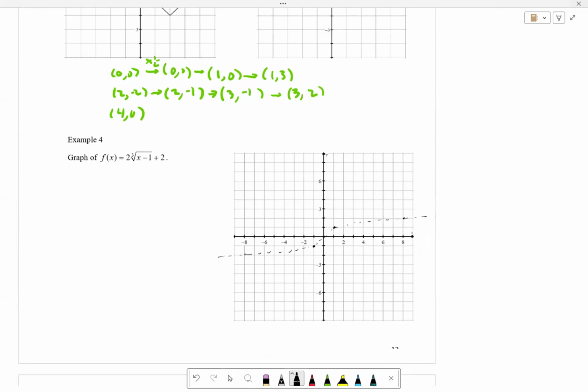Are we okay with this parent function here? If we haven't already, just take a moment to discuss what's going on with the parent function and what's going to happen to it.